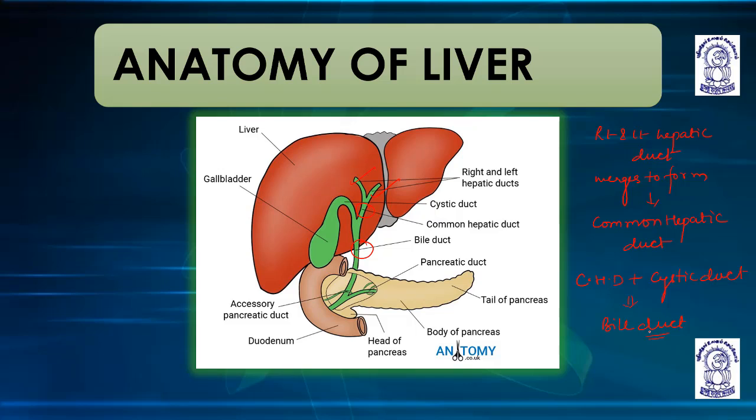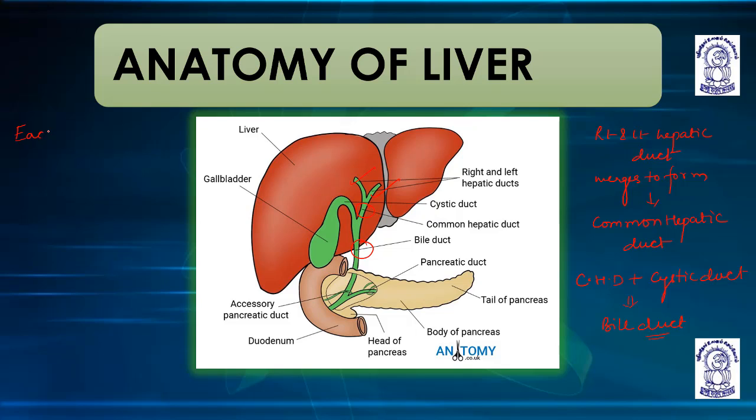Okay, understood? Now this bile duct along with the pancreatic duct merges in the duodenal region to secrete the bile salts and bile pigments for the emulsification of fat, along with the pancreatic duct which is carrying the enzymes, right?